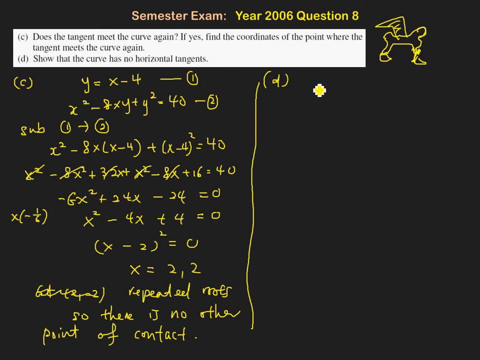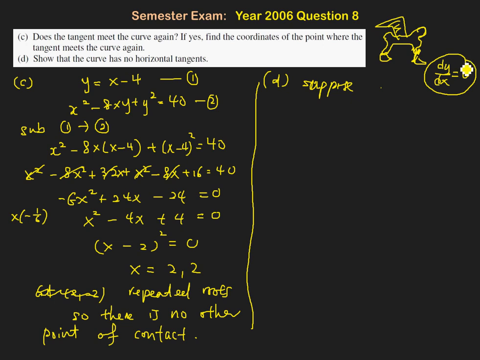Okay, that's not a good analogy, but the idea is this. So first we start by this: suppose we are asked to show that there are no horizontal tangents, and when horizontal tangents occur, we know that dy/dx is 0. But we are asked to show that the curve has no such tangents, so this can't happen, right? You can't have a tangent whose slope is 0, because there is no horizontal tangent.